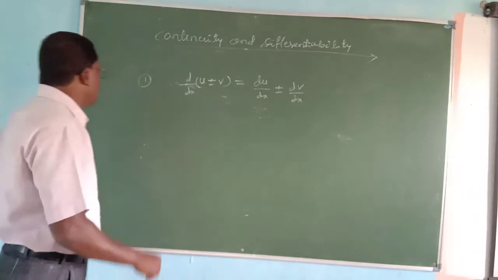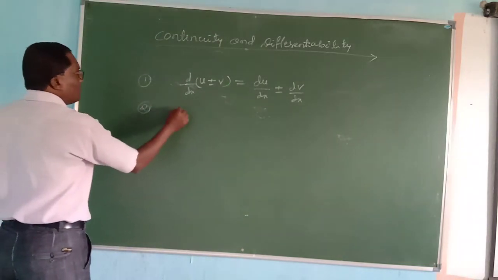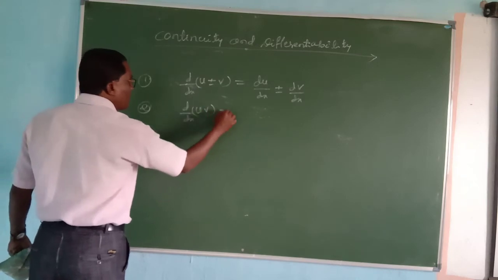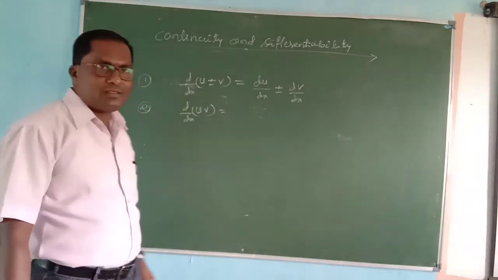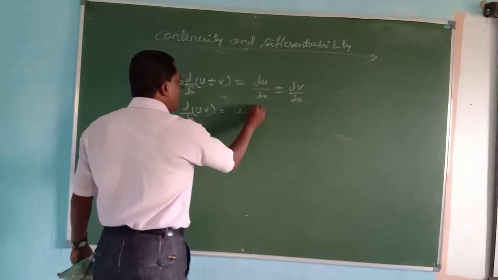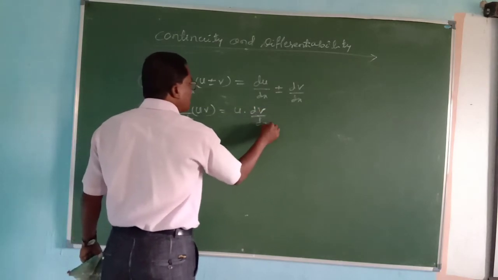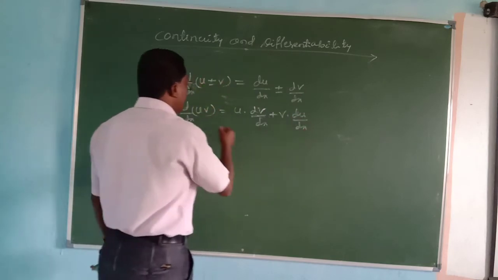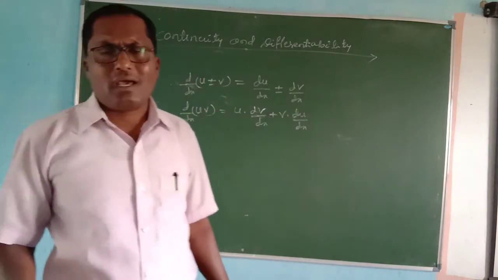Then another rule: differentiation of uv is u into dv/dx plus v into du/dx. You may use u first or v first, either way.